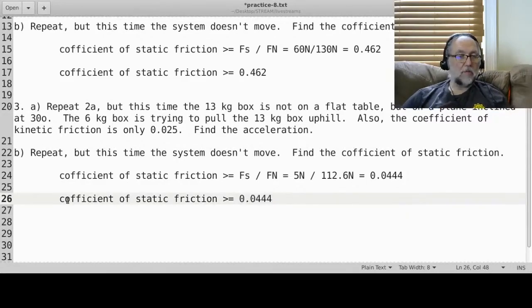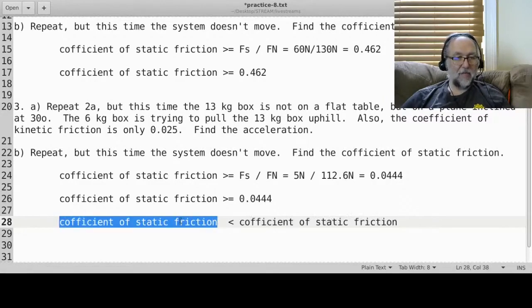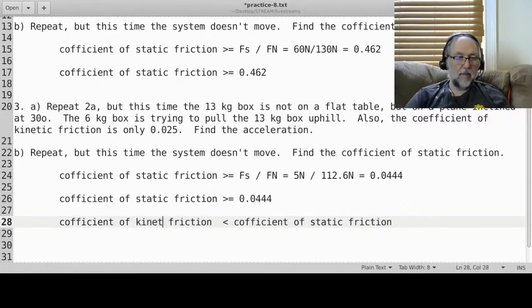By the way, I didn't mention it in the pre-recorded lecture, but it turns out that actually it's a strict inequality. It turns out that the coefficient of kinetic friction is always less than the coefficient of static friction.